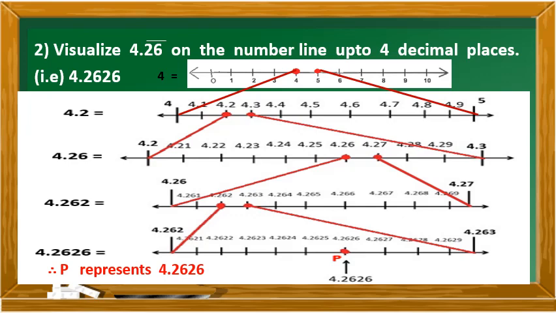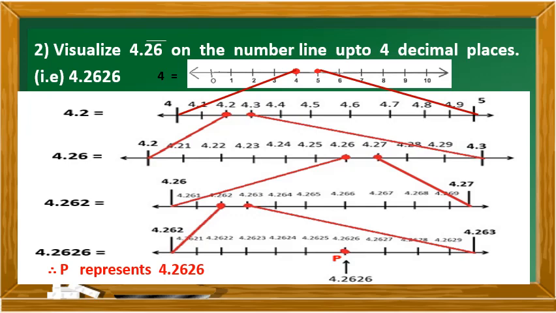Circle 4.262. Now view the last one, that is 4.2626. Where does it lie? It lies between 4.262 and 4.263.